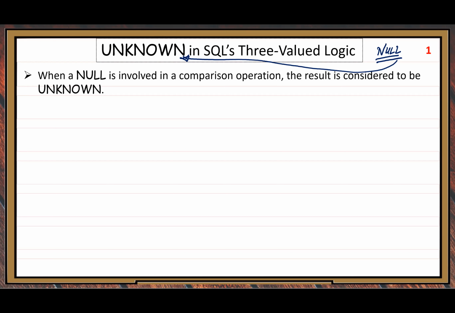Let's look at the explanation. When a null is involved in a comparison operation, you write a Boolean expression and do comparisons, but one of the field values could be null.